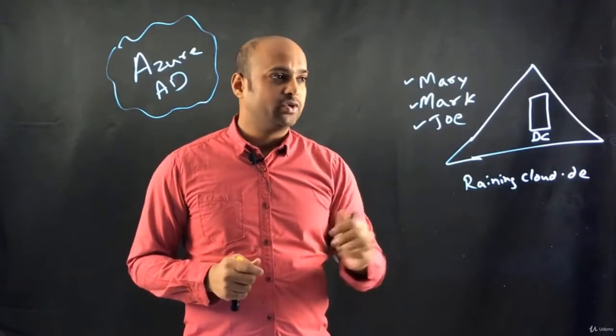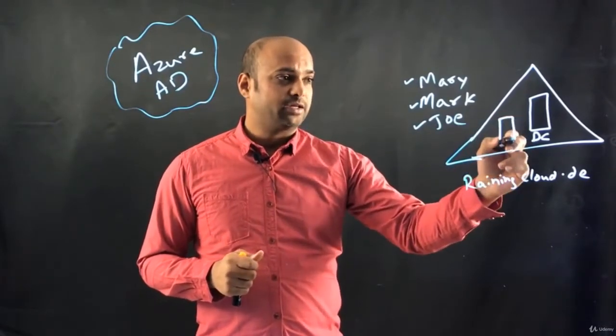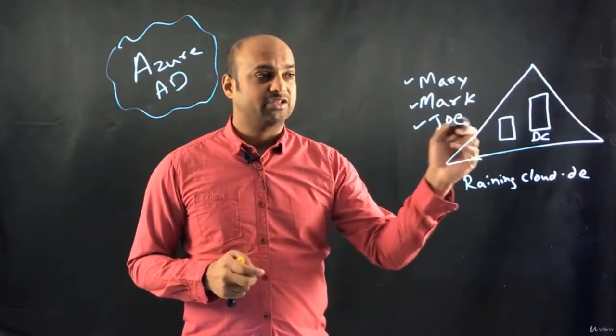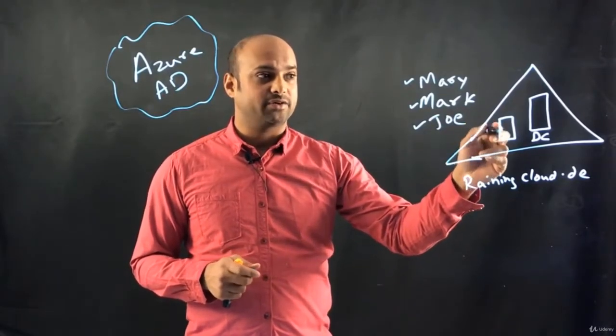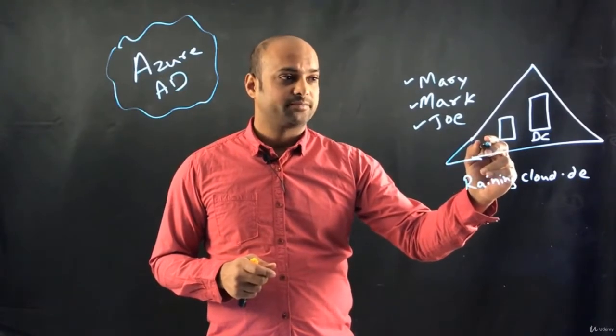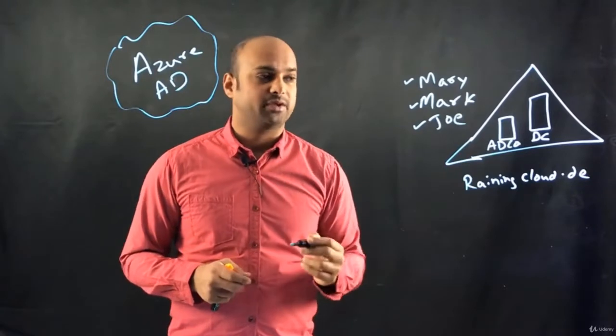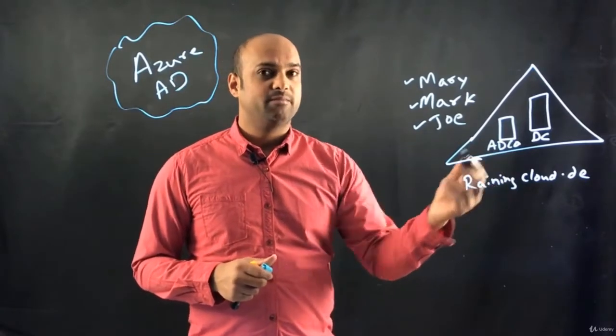So what you're going to do is install another member server, provision that member server, and install AD Connect right here. So I'm going to call it, let's say, AD Connect server or something, right? So that's my AD Connect member server.